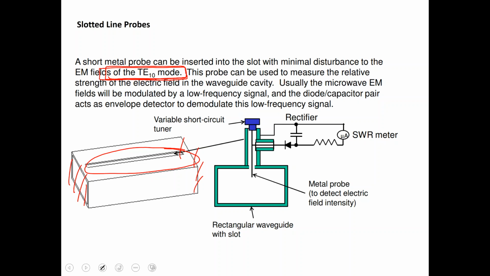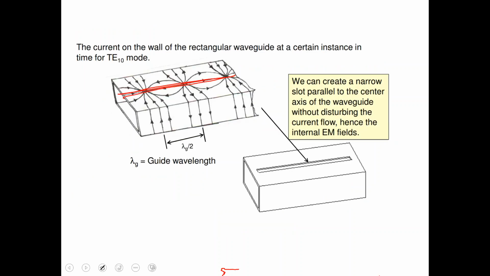Basically, once you realize the kind of current you're creating, if you made a slot somewhere on the top, you are going to create a lot of perturbations to the current. You're going to basically cut the flow of the current completely.